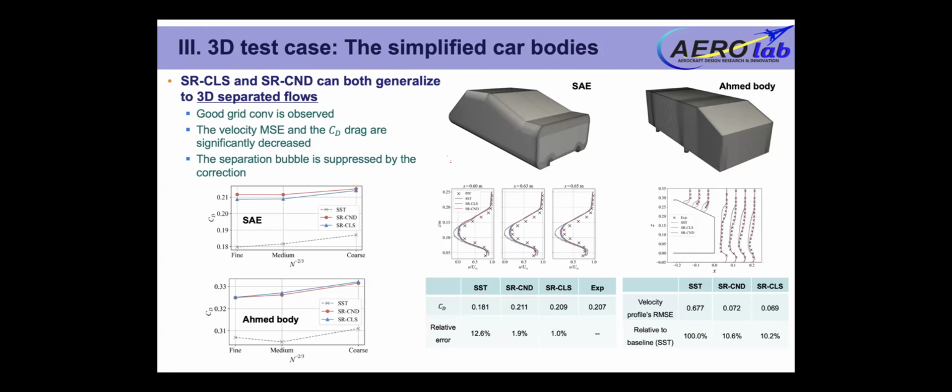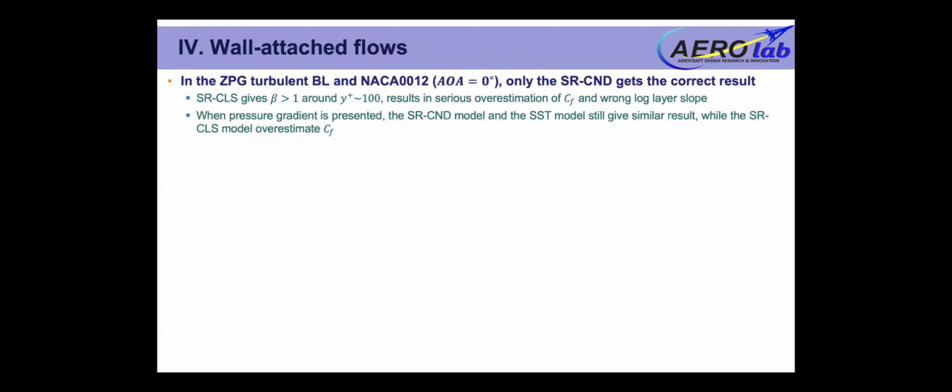And the grid convergence property is also nice. When we increase the mesh density, the drag coefficients converge to a constant value. So both the SR-CLS and the SR-CND have good ability in fixing these 3D complex separated flows.